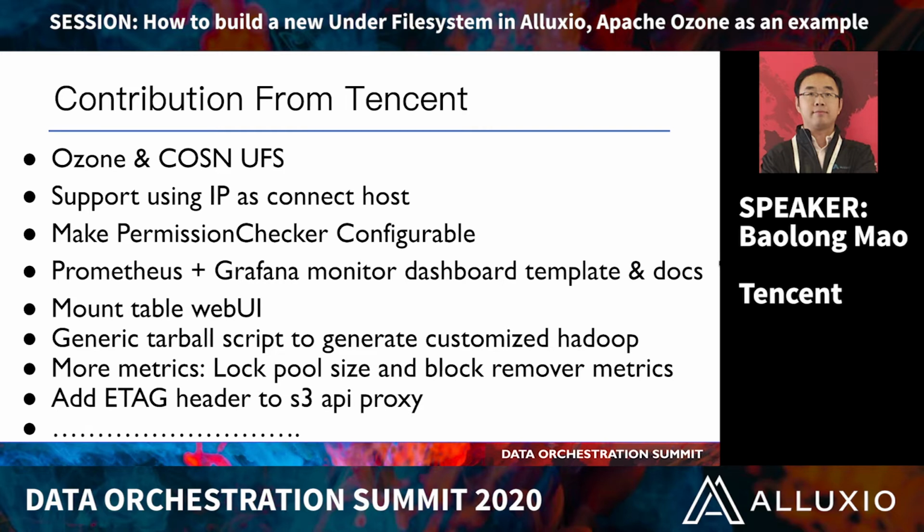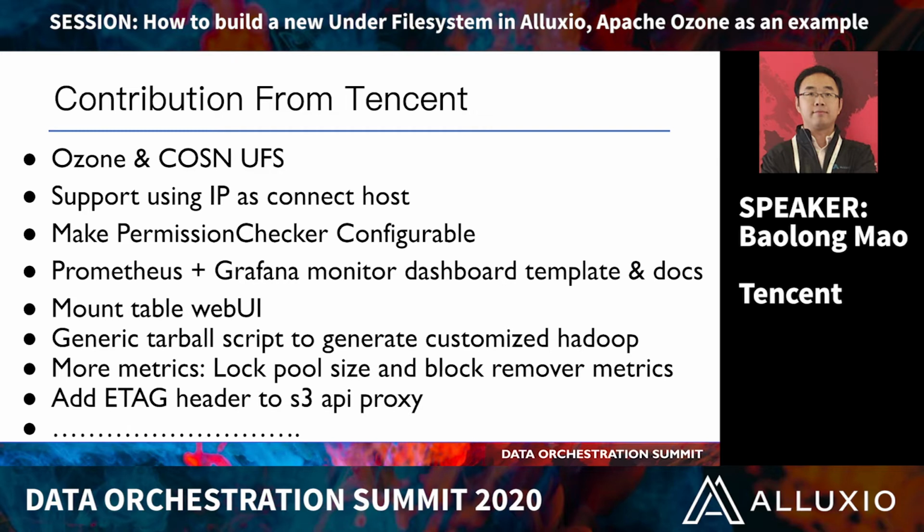Without this feature, sometimes when we access Alluxio from Presto, we find that the Alluxio worker hostname is different between Alluxio worker and Presto, so the locality is bad. It can be worse when the Alluxio client doesn't know the hostname of a worker. It can make the connection fail.